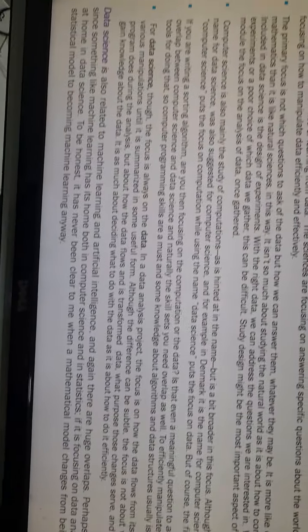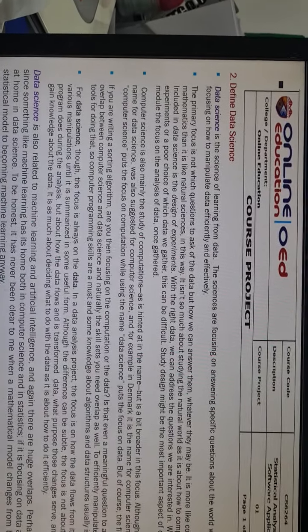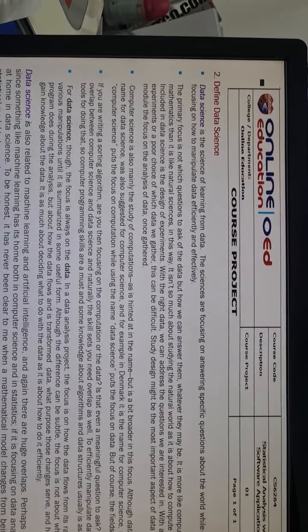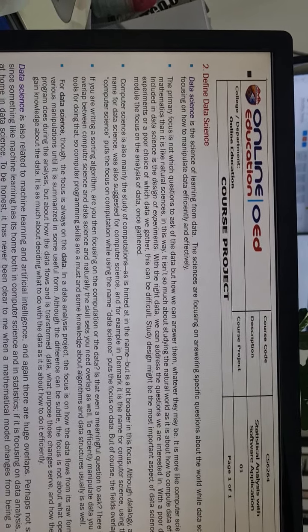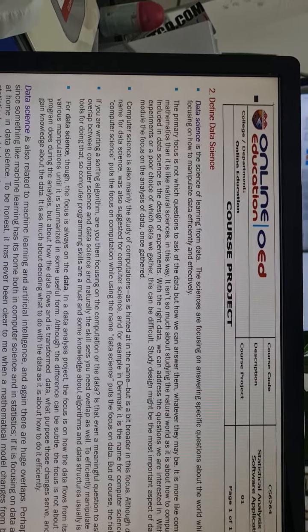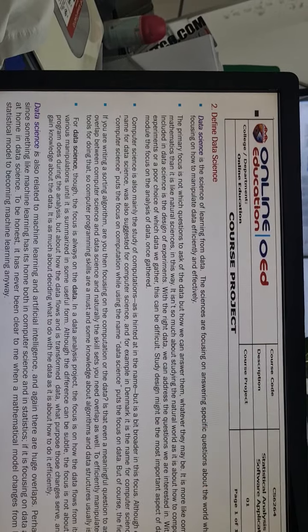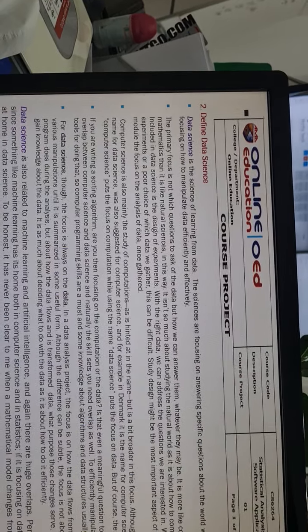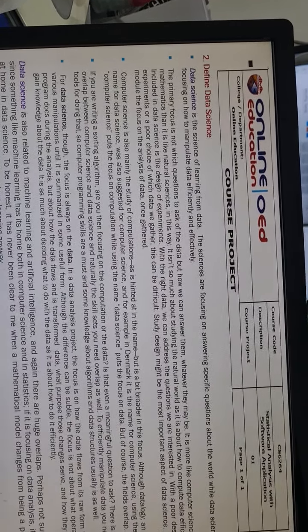The next is to define data science. Data science is the science of learning from data. The sciences focus on answering specific questions about the world, while data science focuses on how to manipulate data efficiently and effectively. The primary focus is not which questions to ask of the data, but how we can answer them, whatever they may be.